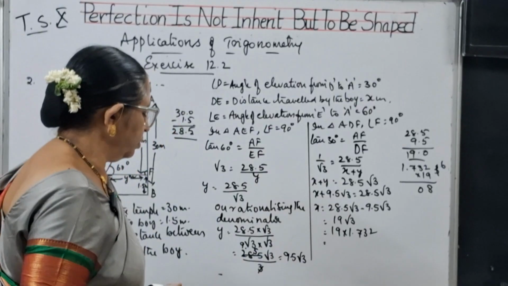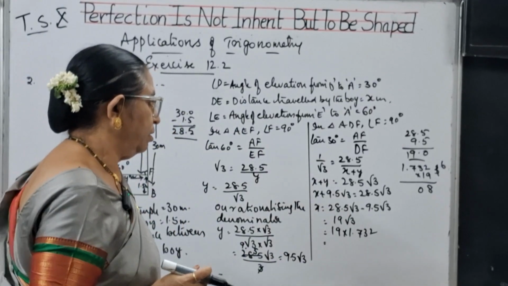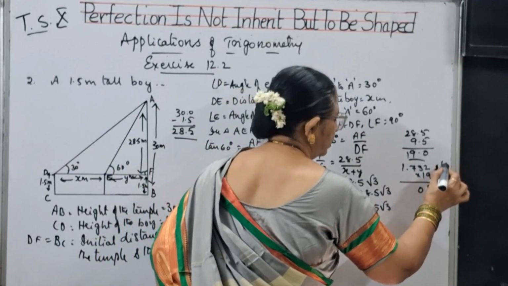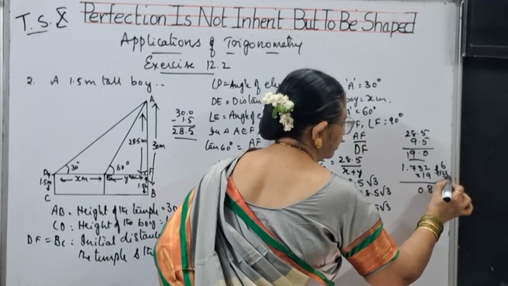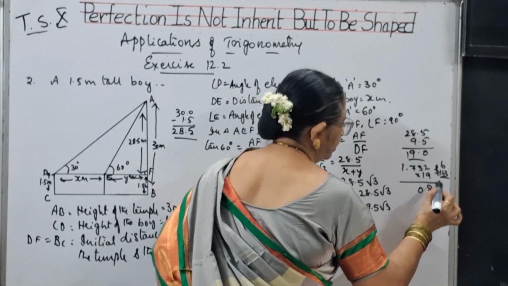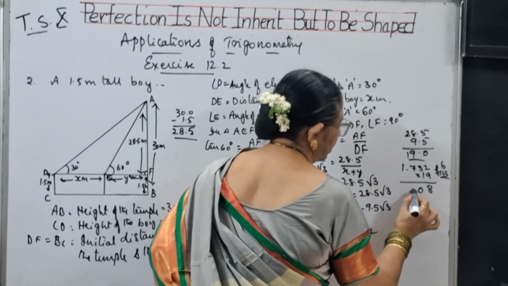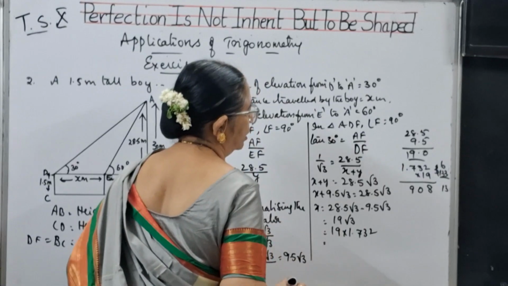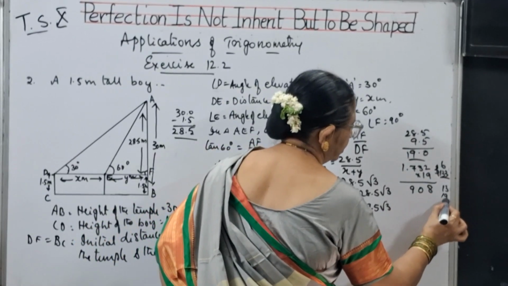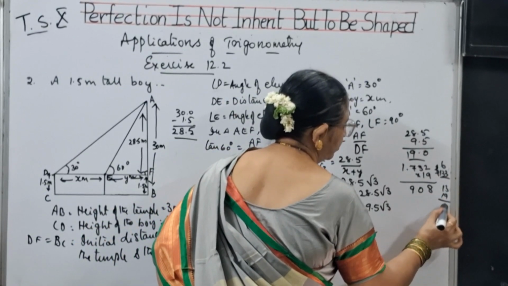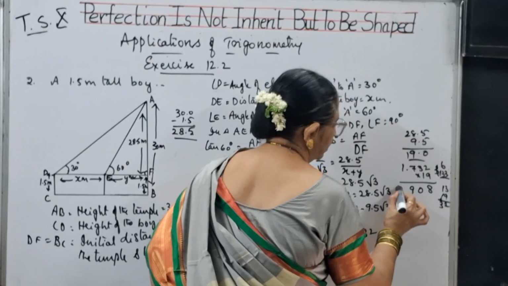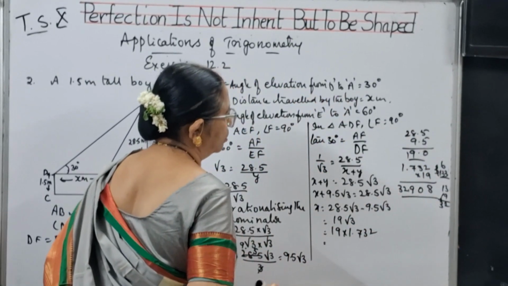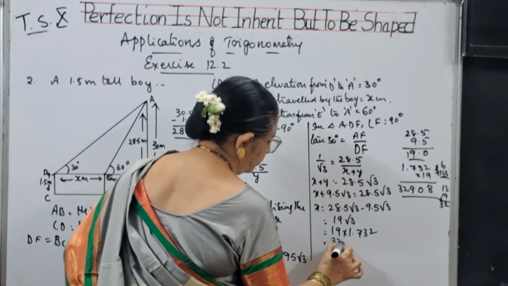And then 19 sevens are 133. 133 plus 6 is nothing but 139. 19 ones are 19. So when I add these up, this is 32.908 meters. X is equal to 32.908 meters.